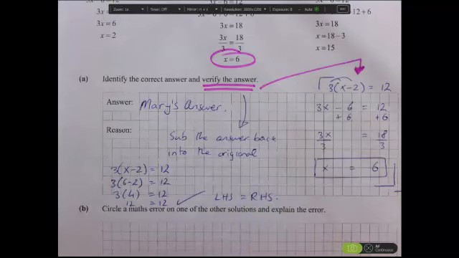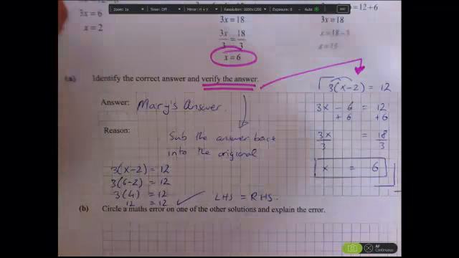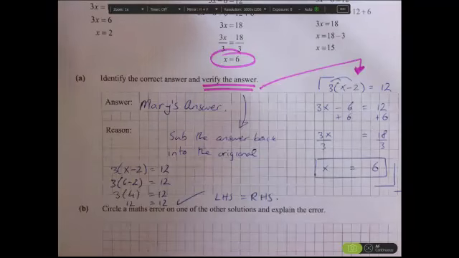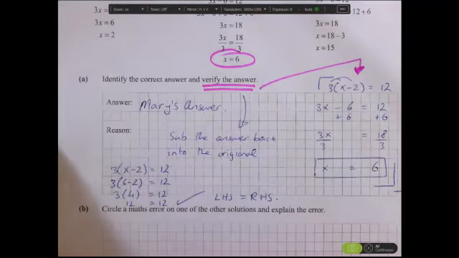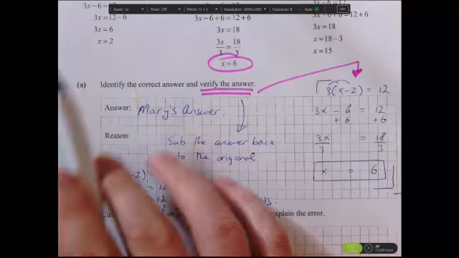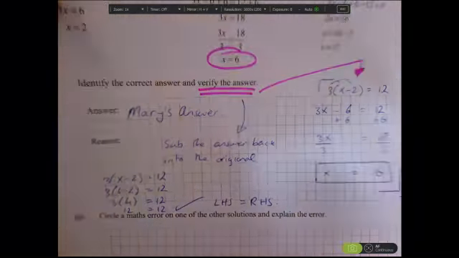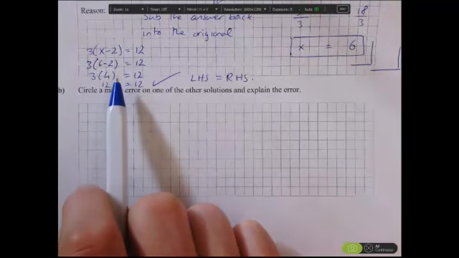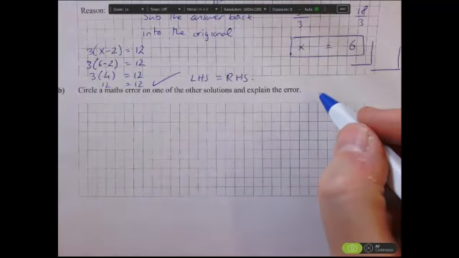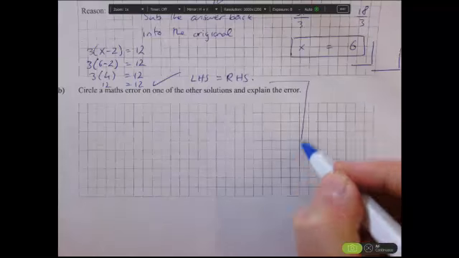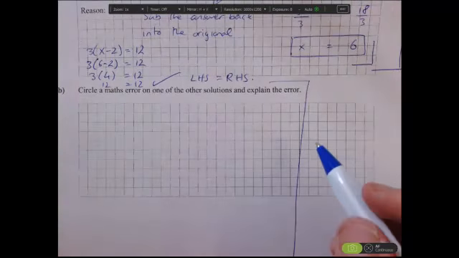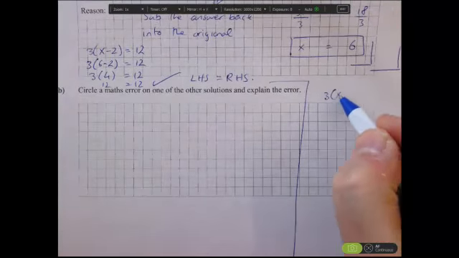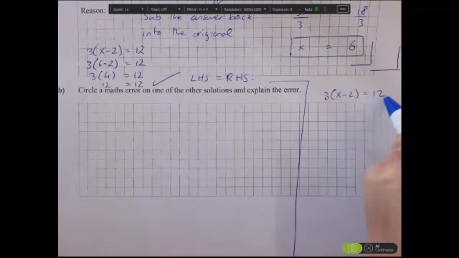Just to give you an indication of what would happen if you did a verification with an answer that was incorrect, let's take Podrick's answer. So Podrick's answer was x is equal to 2 up here. You'll be able to see the correct verification here on the left. Let's just do an incorrect verification. So 3 times x minus 2 is equal to 12.